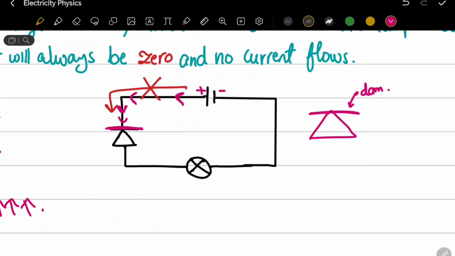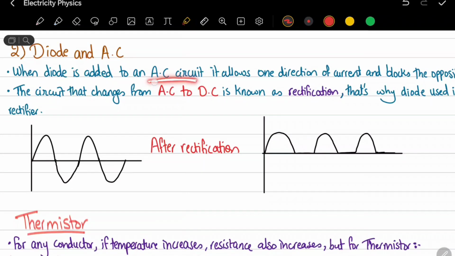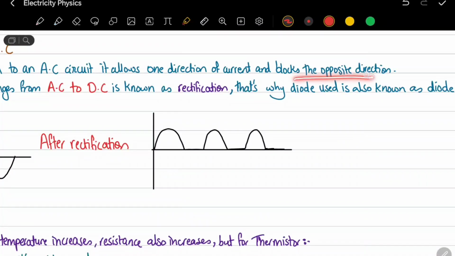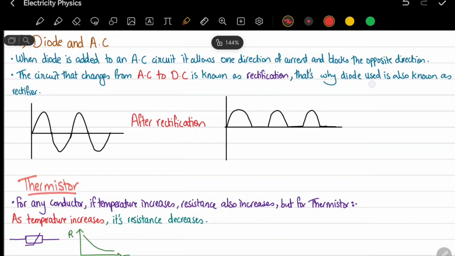Now moving on to diode and AC. When a diode is added to an AC circuit, it allows only one direction of current, and it blocks the opposite direction. The process that changes AC to DC is known as rectification. That's why the diode which is used in this circuit is also known as a rectifier diode.